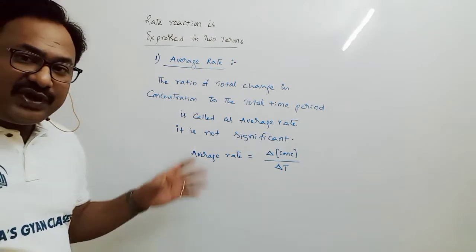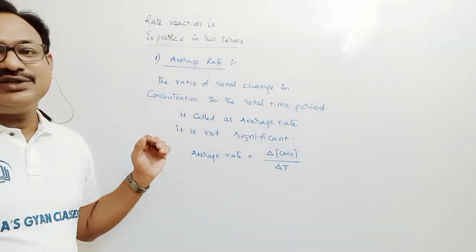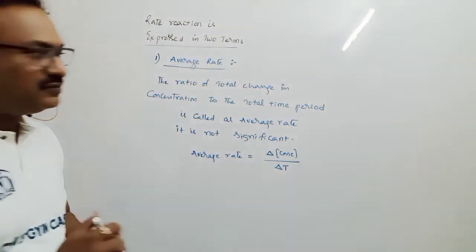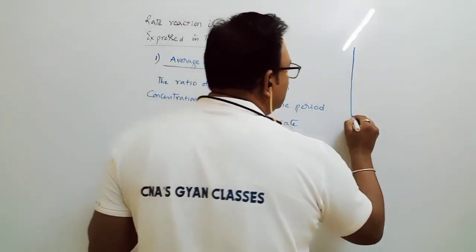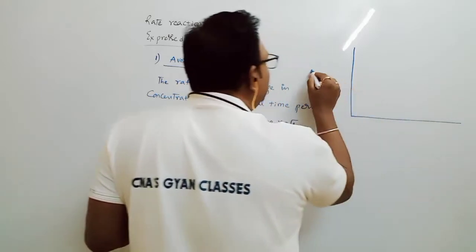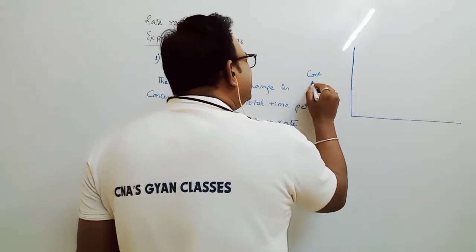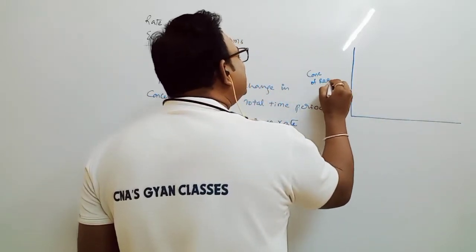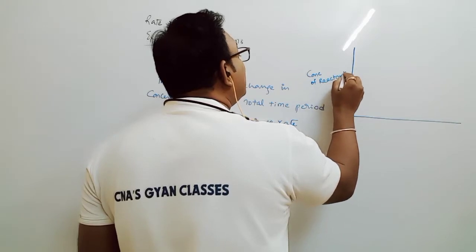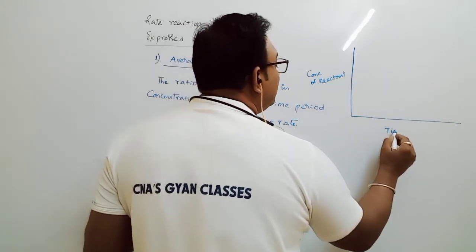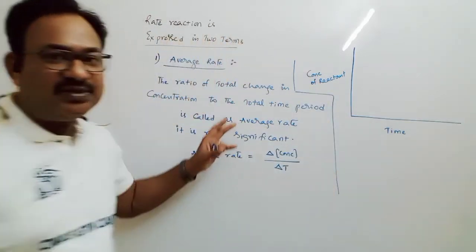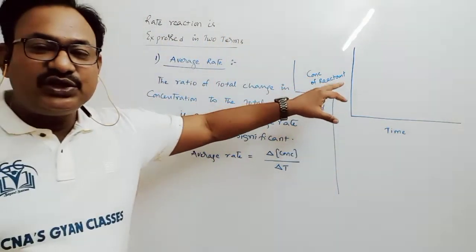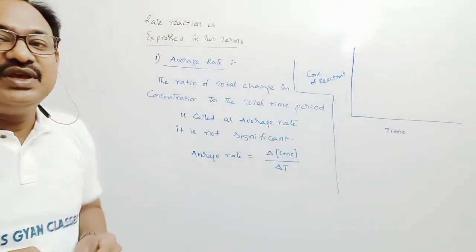इसको हम graphically explain कर सकते हैं. Average rate को we can make a graph also. मतलब if you consider concentration versus time. Please consider concentration of reactant versus time. I am taking the graph of concentration of reactant versus time.